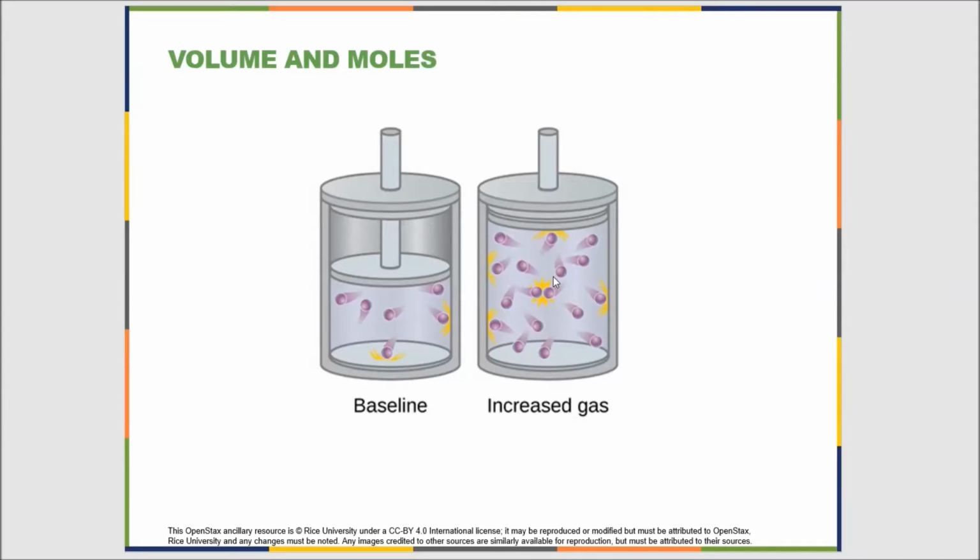If you want to make the balloon bigger, you blow more gas in. So the volume and the moles, which in chemistry and the ideal gas law is the term we use for the amount, are directly proportional. As moles of gas increase, the volume gets bigger. As you blow more air in a balloon, the balloon expands.